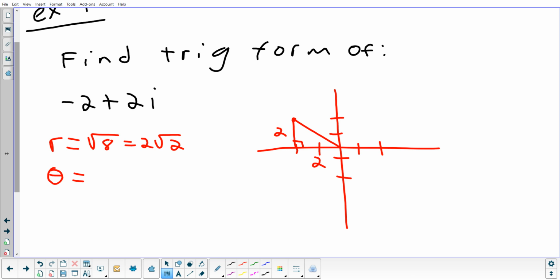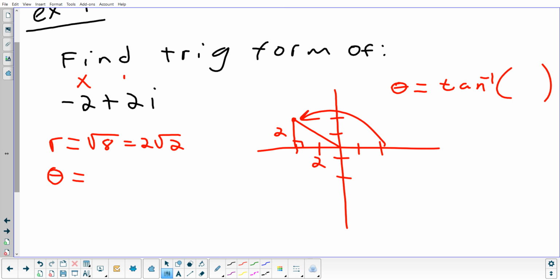So technically you don't even need inverse tangent here, because if you know this is a 45, then you know this is a 135. But let's pretend it wasn't a special case where you could just figure the angle out, and let's figure it out like we normally would. So, the formula for your angle is the inverse tangent of y over x.